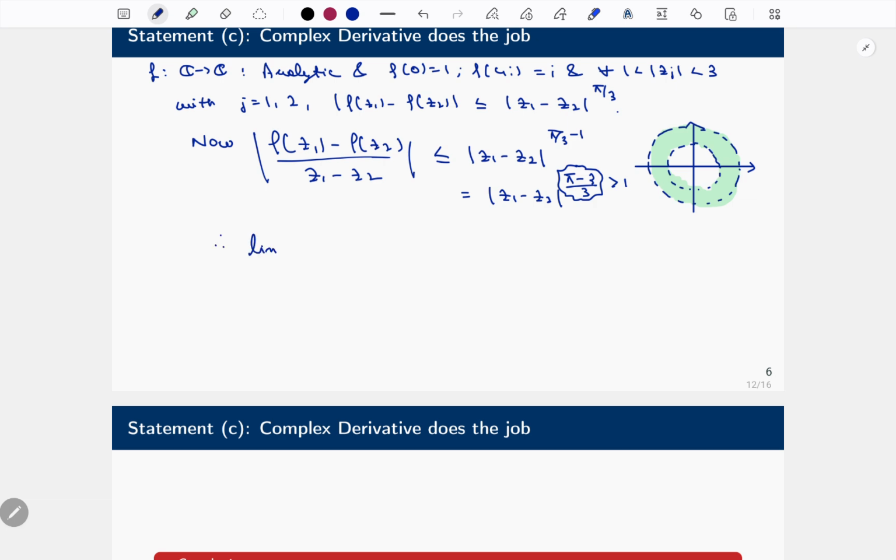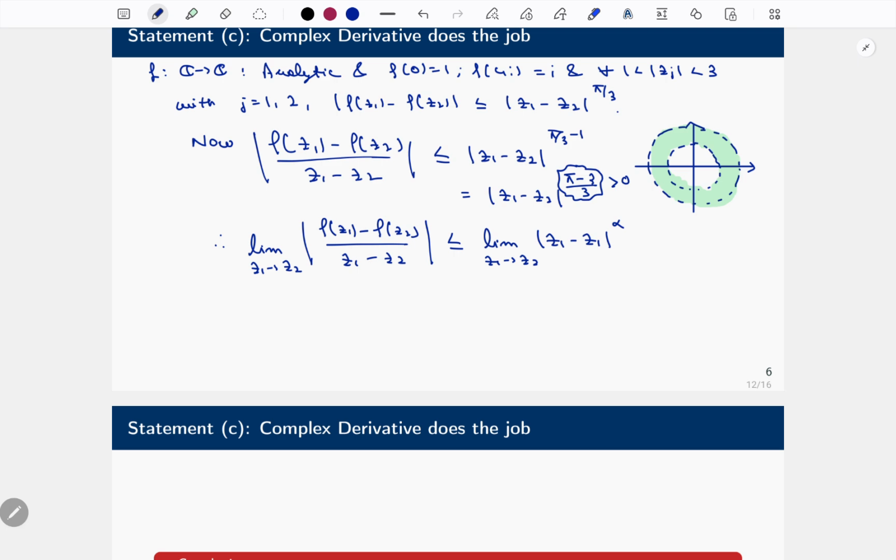Therefore, the limit as z1 goes to z2 of f of z1 minus f of z2 divided by z1 minus z2 should be less than or equal to, by the algebra of limits, the limit as z1 goes to z2 of mod z1 minus z2 to the power alpha, where alpha is greater than 0. I'm extremely sorry, it's greater than 0.